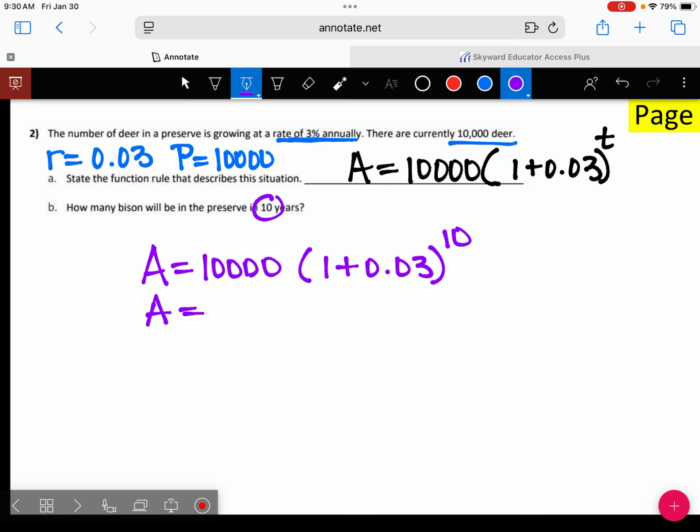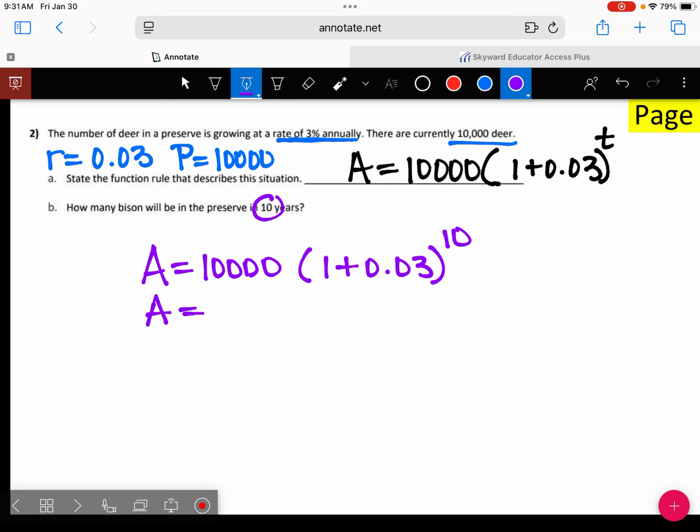Just like people, we can't have a piece of a deer. A deer is a deer. No decimals. Only give me the numbers in front of the decimal. And don't forget your unit.